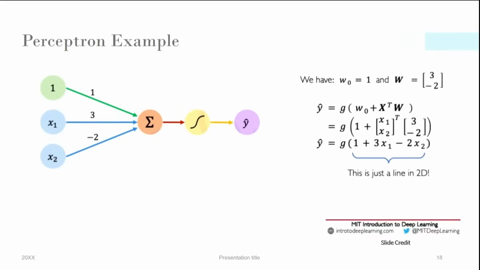Right, so this is an example of a neuron. Here you can see that this is a learned neuron. It has attached some weights: it has given weight 3 to input x1 and weight -2 to input x2. Let's see what this particular neuron does, right?